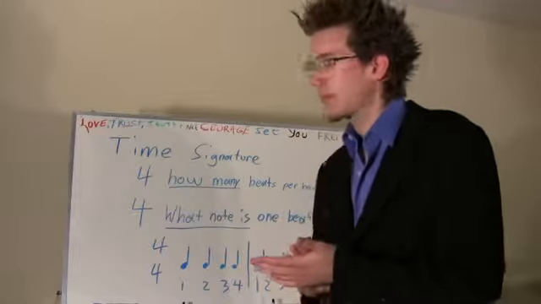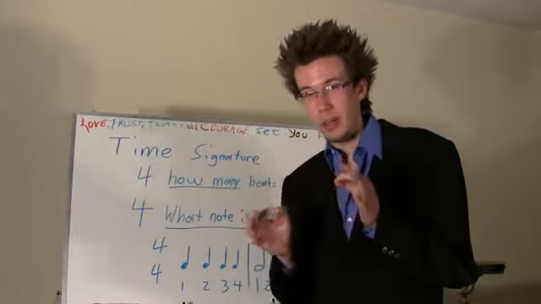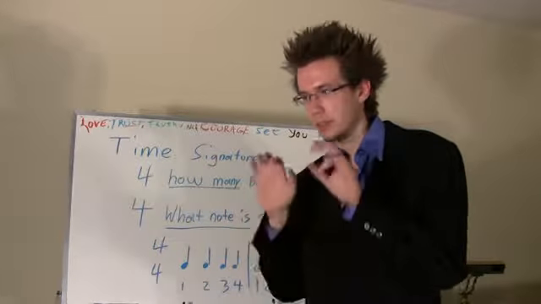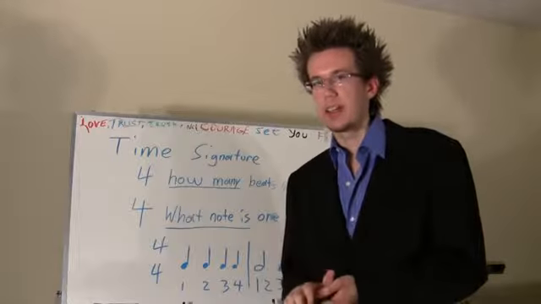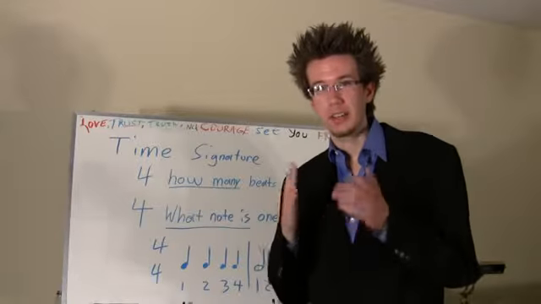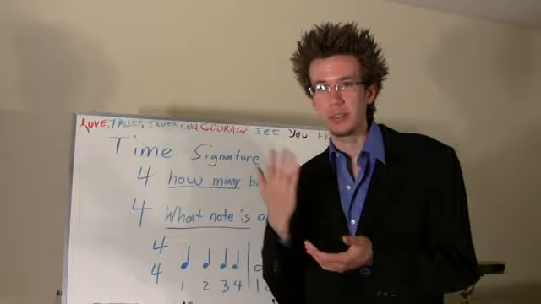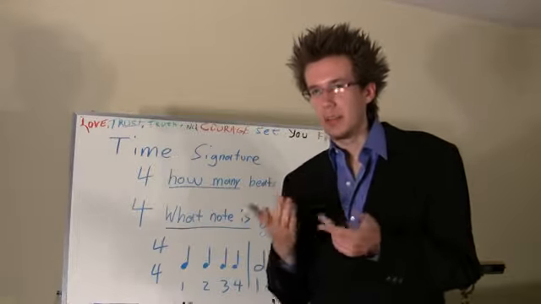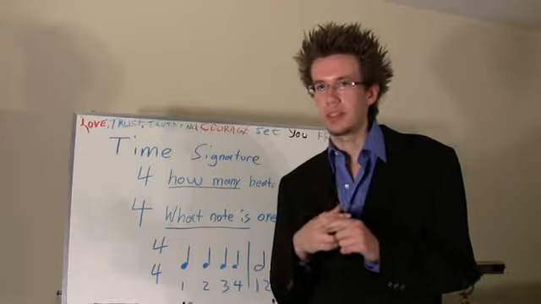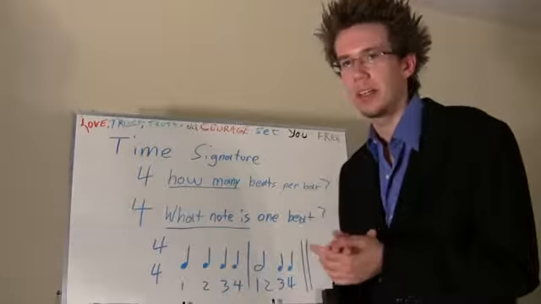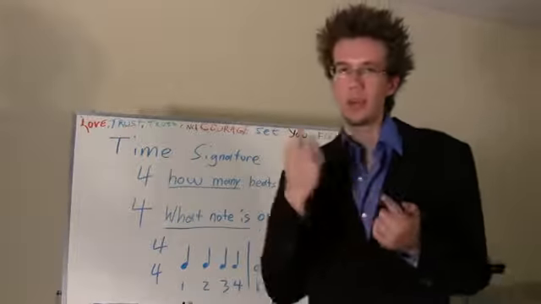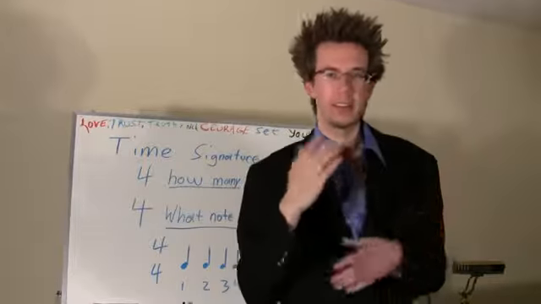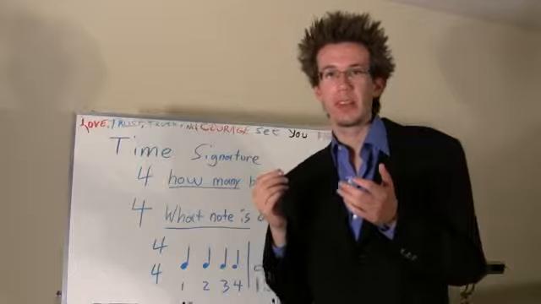So they needed a way to basically figure out how to keep the beat steady so people would come in at the right times and you'd come in properly. So what you actually have to do is count. A time signature is there to tell you what number to count up to and which note is going to get the one beat. Because if you count 1, 2, 3, 4, 5, whatever, you're counting.